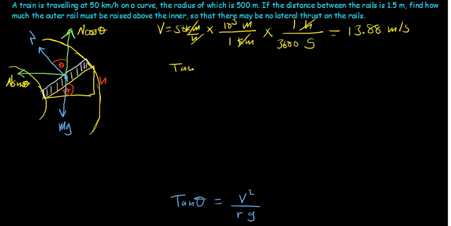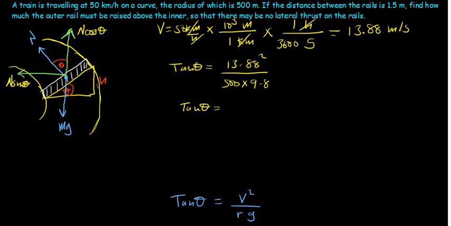So you can now go on and substitute. Therefore, tan theta is going to be equal to the velocity, that is 13.88 squared divided by the radius. What is the radius here? We've been given that the radius is 500 meters. So that will be 500 and then multiplied by g, which is 9.8. So tan theta is going to be equal to 13.8 squared divided by 500 multiplied by 9.8.